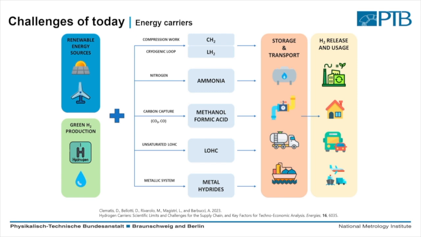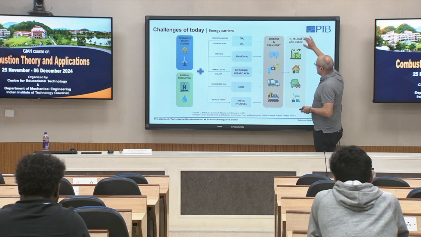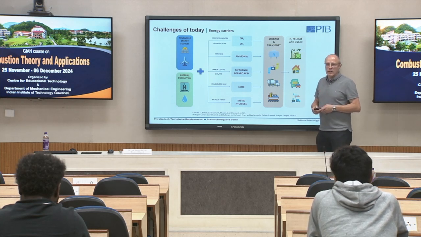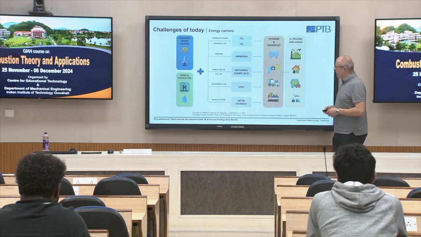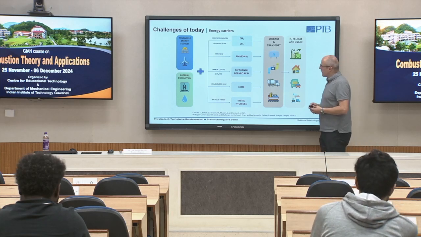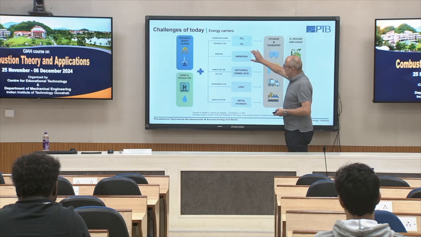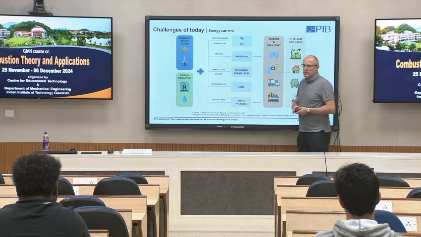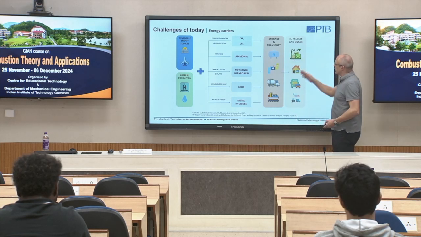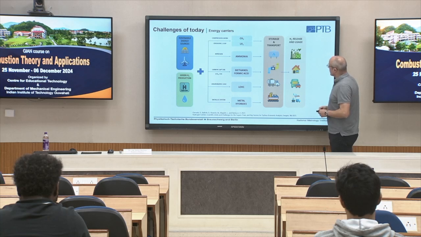But then the question is here, the big question mark, H2 release. So there's a lot of research necessary. So how to crack ammonia efficiently to get the hydrogen back into the system.